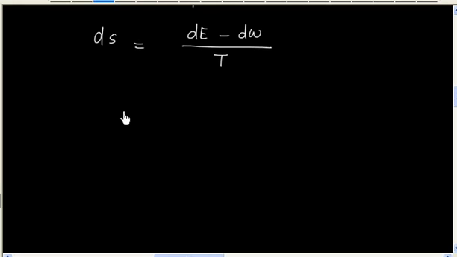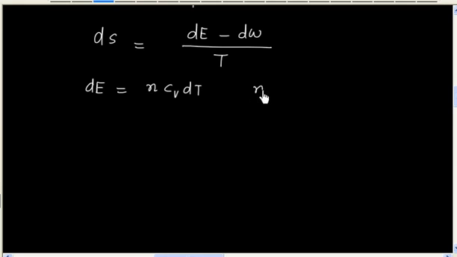Now you may remember dE can also be written as nCv dT for n moles of gas.